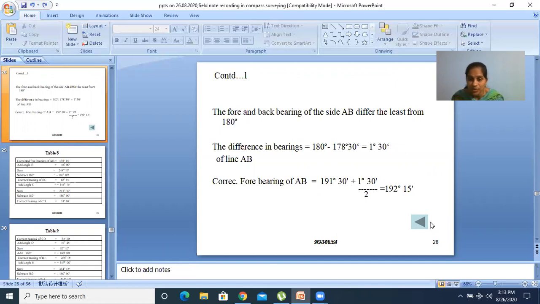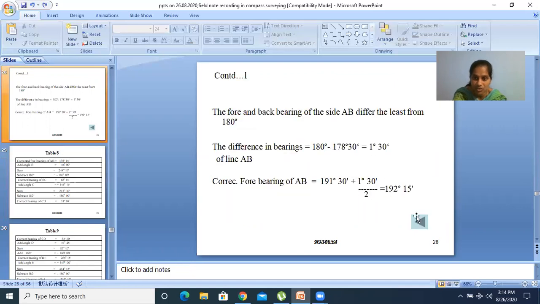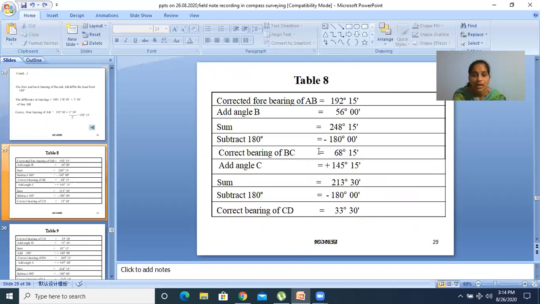By using this one you can calculate the other correct bearings of the lines. The corrected forebearing of line AB is 192 degrees 15 minutes. If you know the first line's bearing and you know the angles, how can you calculate the bearings? I have already explained the calculation of bearings from angles.